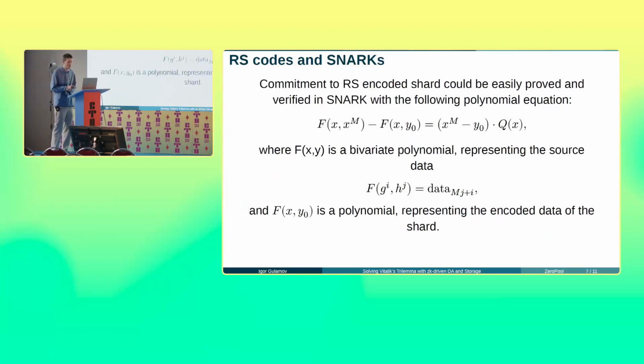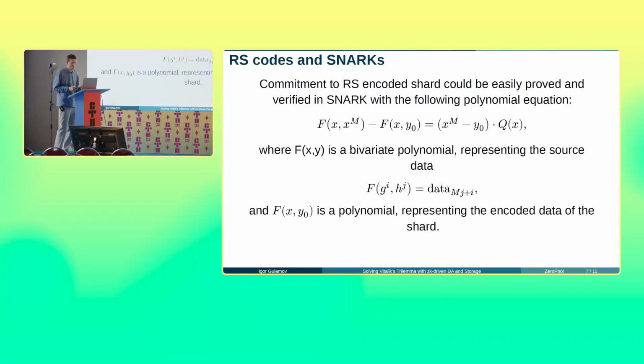Speaking about Reed-Solomon codes, the important problem is how to prove to all data storage nodes that their shards are correct. And we can do it with polynomial commitments. We have a polynomial commitment to the source data, and we can make a polynomial equation to prove that the commitment of the shard for each node is correct, the Reed-Solomon shard.